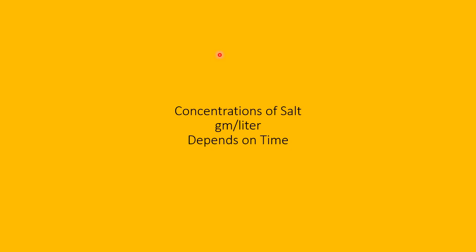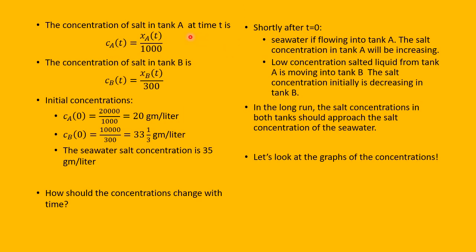It would also be nice to consider the concentrations of salt in those tanks, measured in grams per liter. How do they change with time? We know in general that the concentration of salt in a tank is just the amount of salt in the tank divided by the amount of liquid in the tank, water in this case.